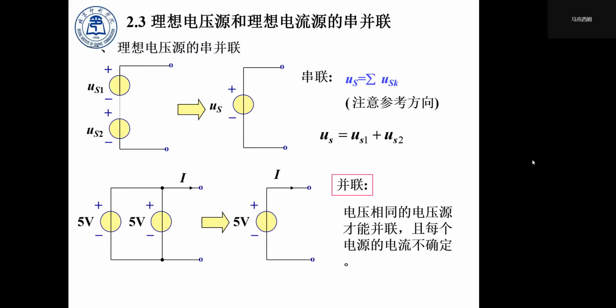So remember that only ideal sources with the same value could be attached in parallel with nothing in between. Otherwise, you have to put some other electrical components between them, in order to prevent the paradox.